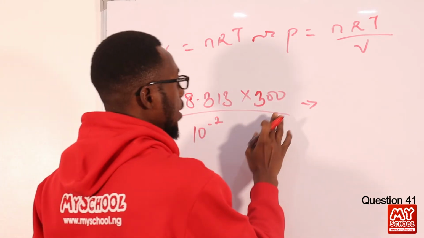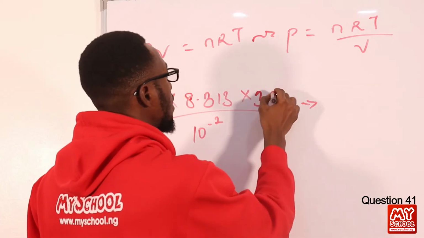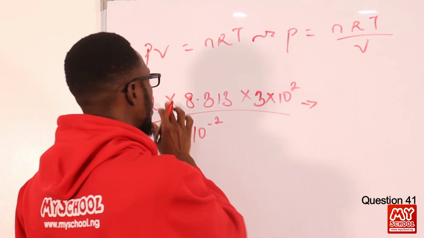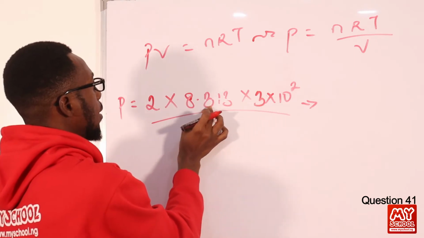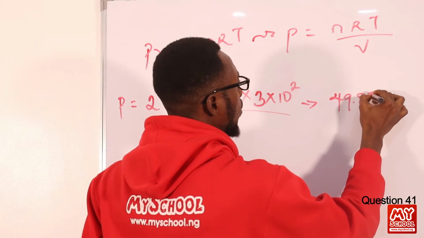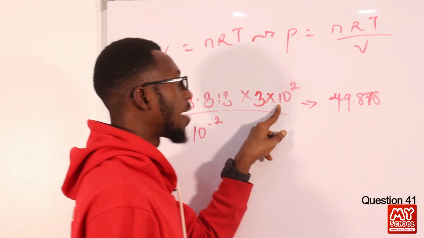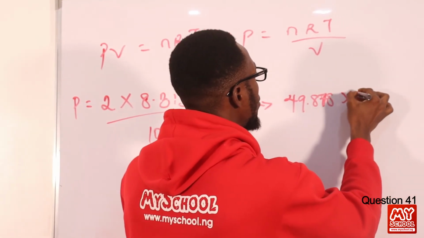Or I can refer to this as 3 times 10 raised to power 2, so that I can work with standard form. All this put together should give me 49.878 times 10 raised to power 2.